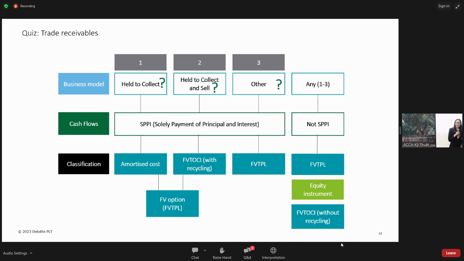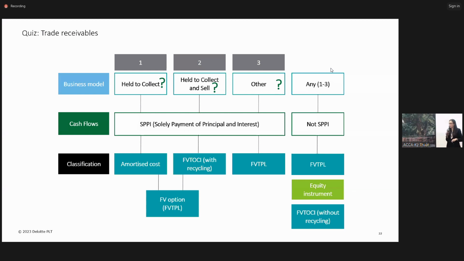If it is neither of these two, it becomes fair value to P&L. If it wants to designate on initial recognition to fair value to P&L, it can also do so. So it goes under the fair value option to fair value to P&L, and this one is irrevocable.